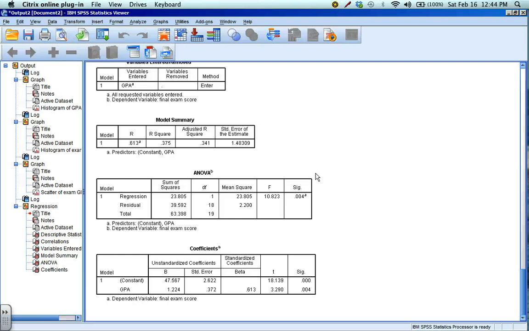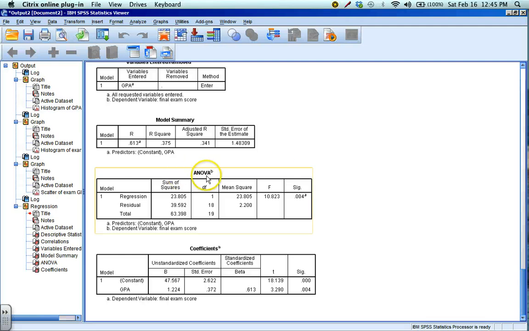The prediction equation is usually of the form y hat equals bx plus a, very similar to the y equals mx plus b that you did in algebra. It's pretty much the same thing, but they write it a little bit differently in statistics. We still use that same slope formula to help us predict our value.